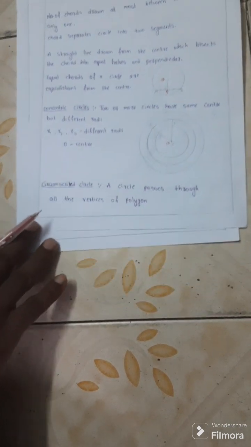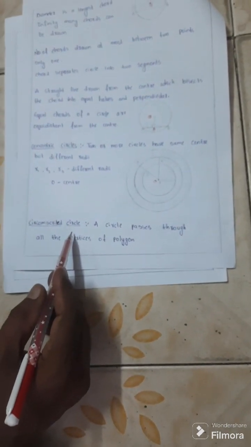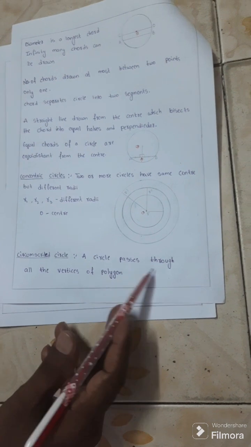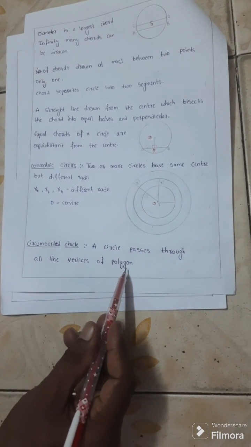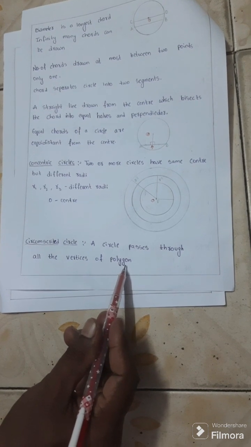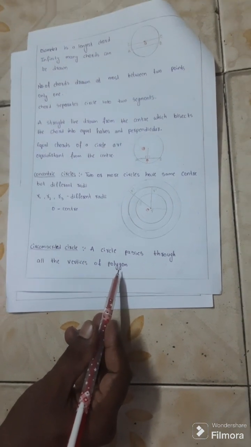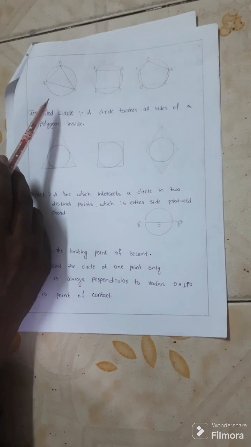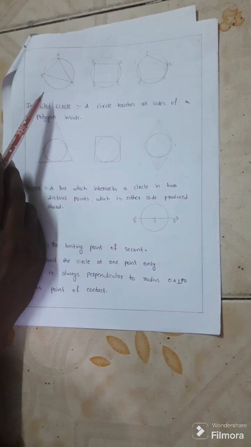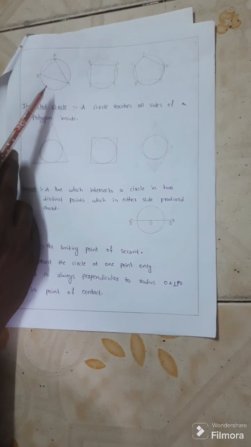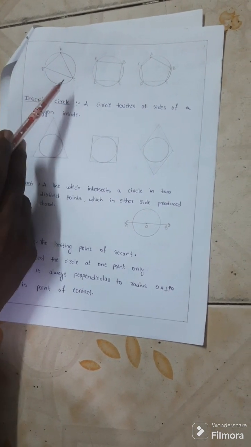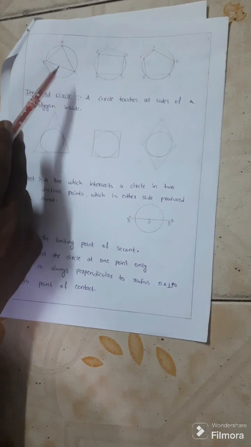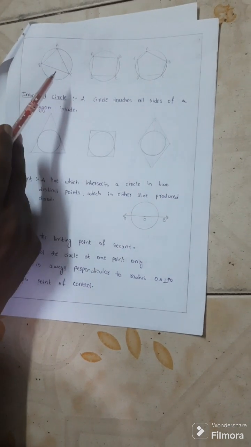Now we discuss the circumscribed circle. It is a circle that passes through all the vertices of a polygon. The polygon may be different; we will discuss it on the next page with diagrams. Here the polygon is a triangle with three vertices A, B, C, and one circle passes through all of them.